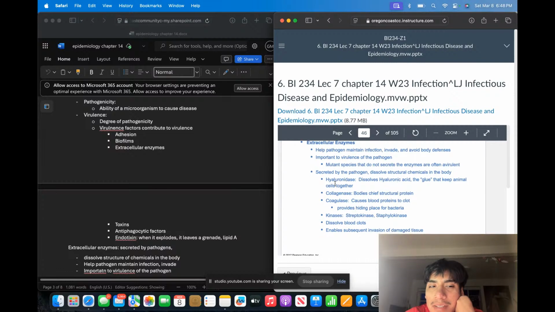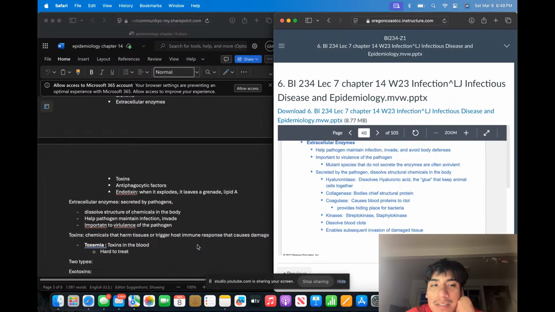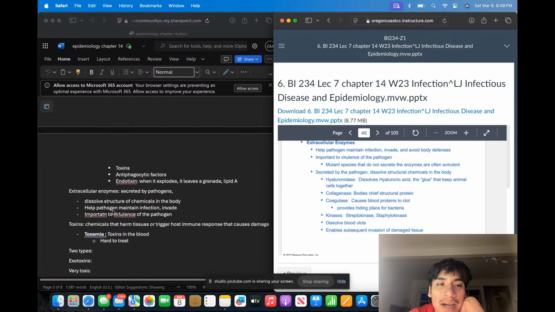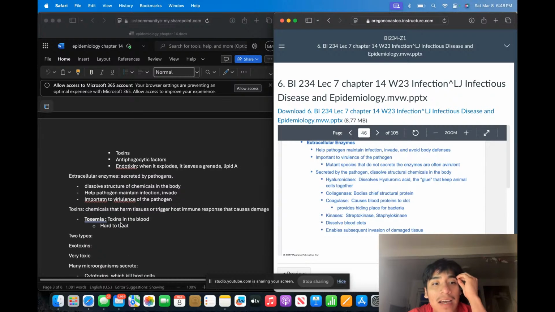I don't think you went over this too hard. So, extracellular enzymes, secreted by pathogens, dissolve structures and chemicals in the body, help the pathogen maintain infection and evade. Important to virulence. So this one would be especially virulent.